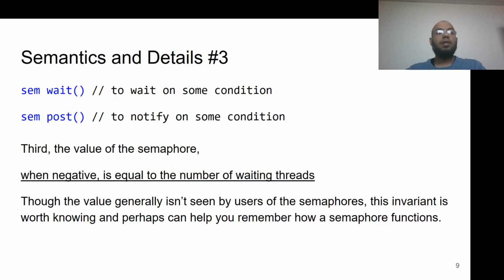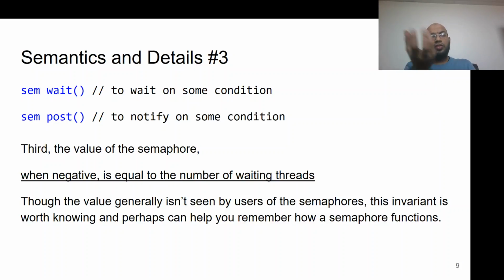Okay, here's where the implementation is different from what Dijkstra first said. The value of the semaphore can be negative. Okay, and that negative number indicates the number of waiting threads, right? So in reality, the semaphore will not just be 0 or 1.